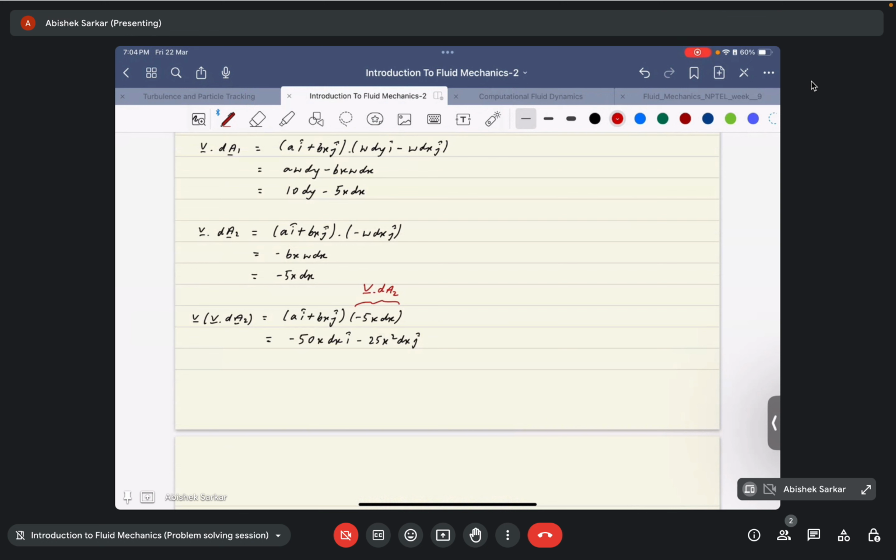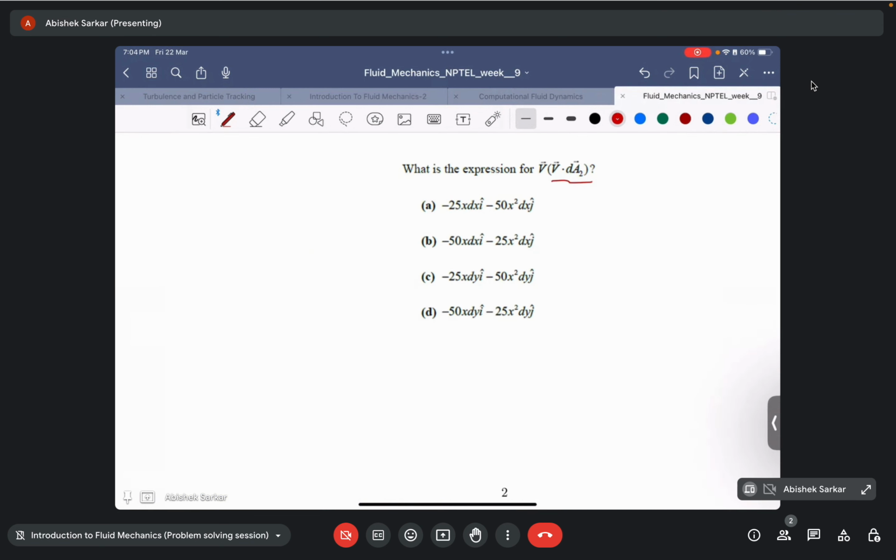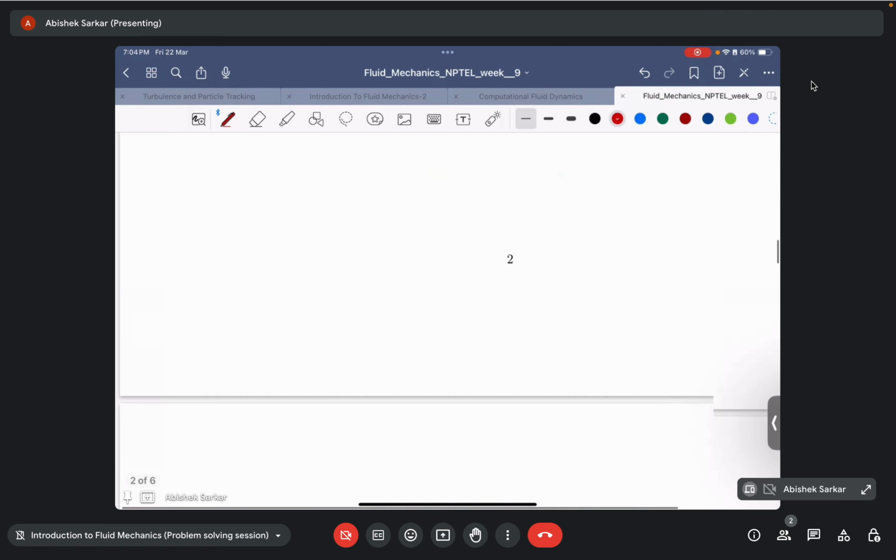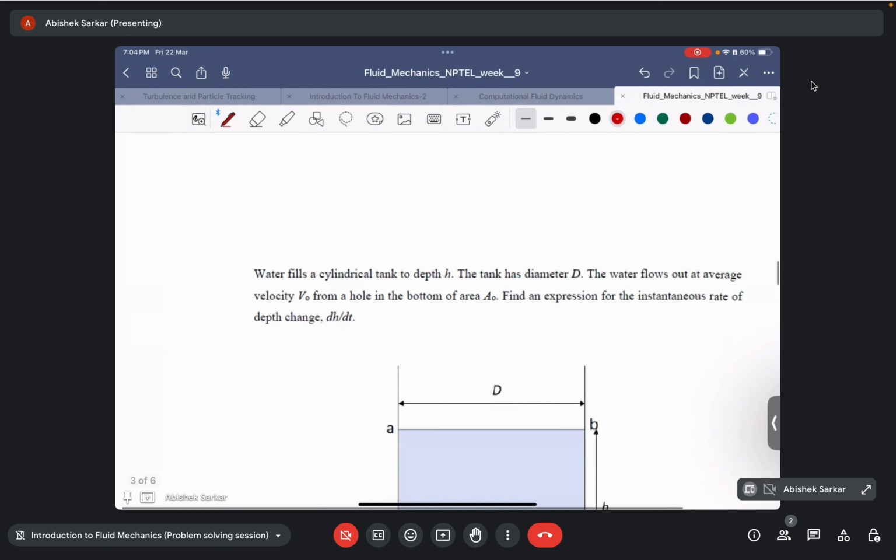So the right option would be option number B. It's quite simple, just an idea of vector products, dot products of vectors. So that's all. Let us go to the next question.